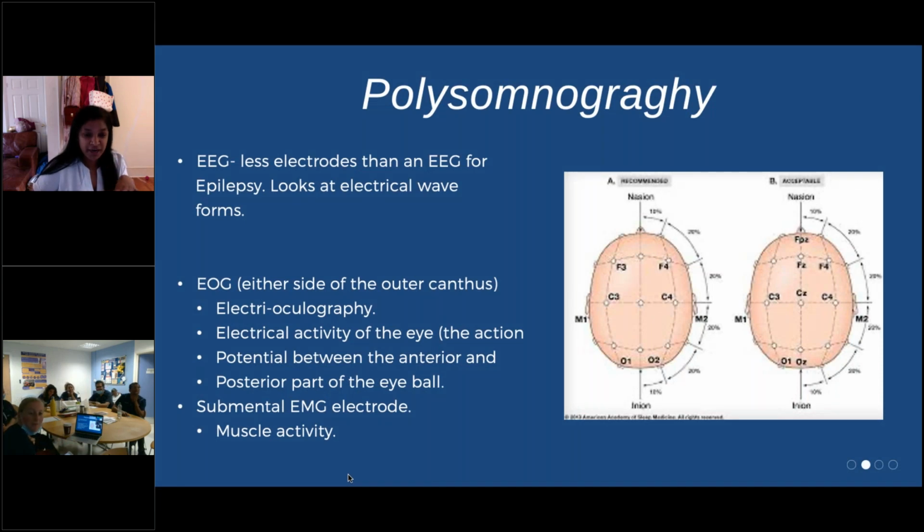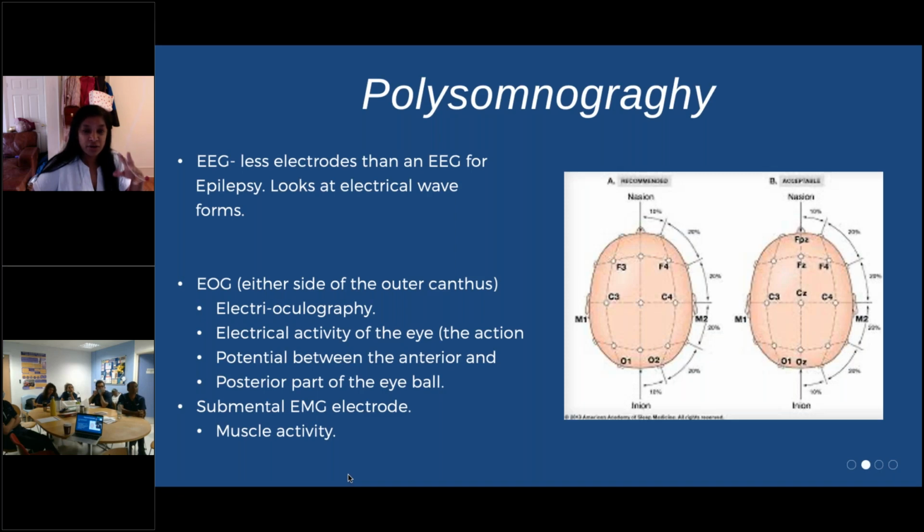So I've put a picture here of a polysomnograph. The polysomnograph is going to measure 3 different things. There's the EEG, which looks at the electrical activity of the brain. This is a far less complex EEG than you would use when you're looking for epilepsy. It's got far fewer probes, but it looks at the electrical waves during sleep. You've got an EOG, which are electrodes placed on the outer canthus of the eye.